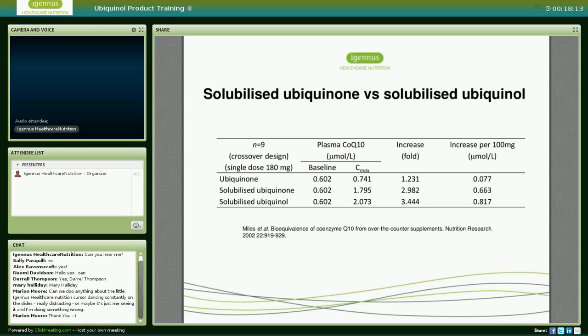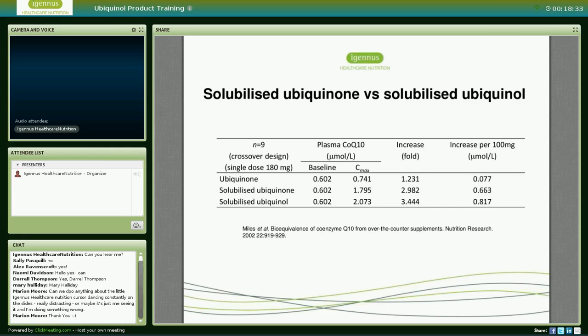And this is a brief summary of another study that attempted to clarify some issues between solubilized ubiquinone and solubilized ubiquinol. So we know that solubilizing coenzyme Q10 increases bioavailability. And again, we have 3 groups here.